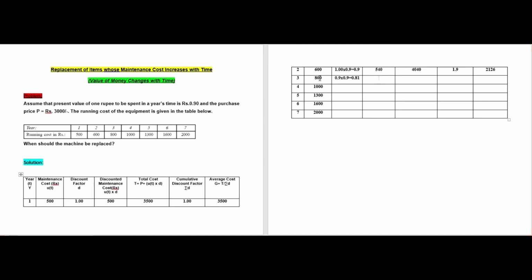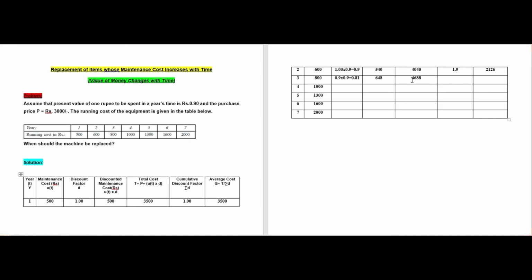So multiply 800 into 0.81, which becomes 648, and the total cost equals 4040 plus 648, which is 4688.